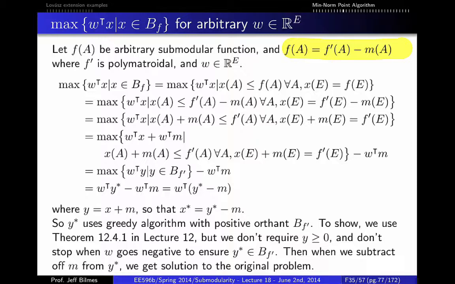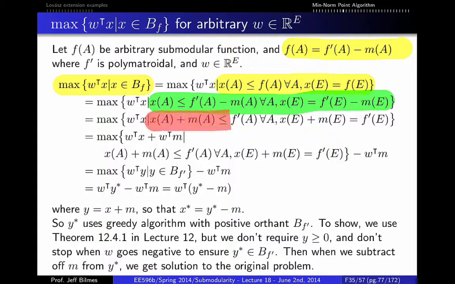So then we go back to maximizing this for x in the base. This is just the same as maximizing this, and everything to the right is just defining what it means for x to be in the base. Then we can plug in our f' minus m definition of f, and we get that.